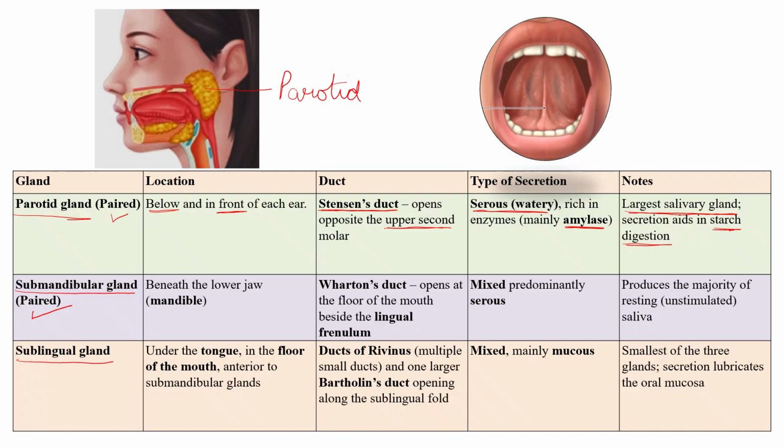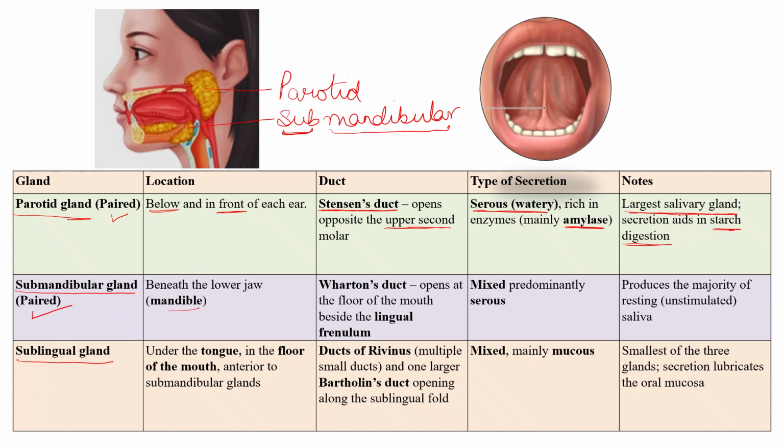Then comes the next, that is the submandibular gland. Submandibular, as the name itself indicates, sub, that is below, and mandibular, that is mandible, that is beneath or below the lower jaw or the mandible.